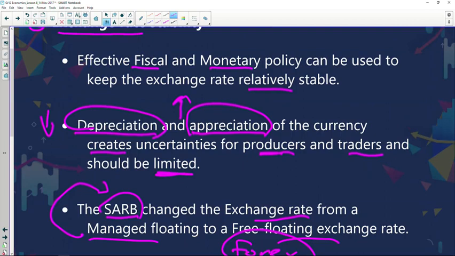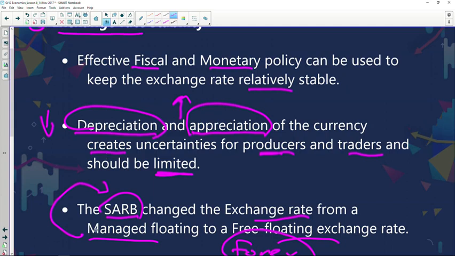And we spoke about depreciation and the appreciation of the currency, and we said this is not good for the producers and traders, and this should be limited. And then we know that we've had so many issues with the rand. And then we said that the South African Reserve Bank changed the exchange rate from the managed floating to a free floating exchange rate.